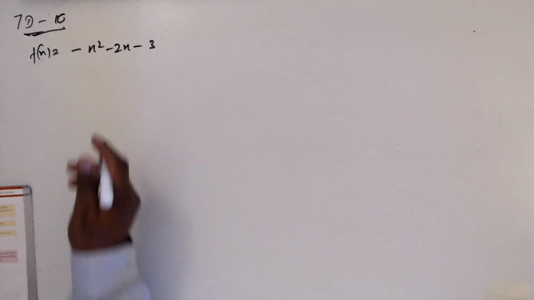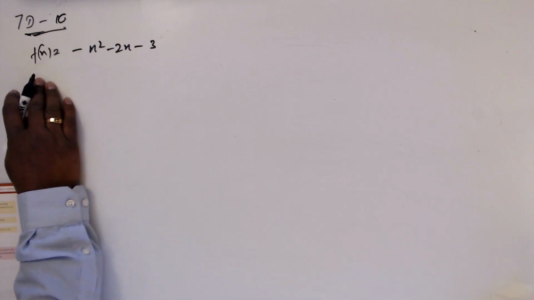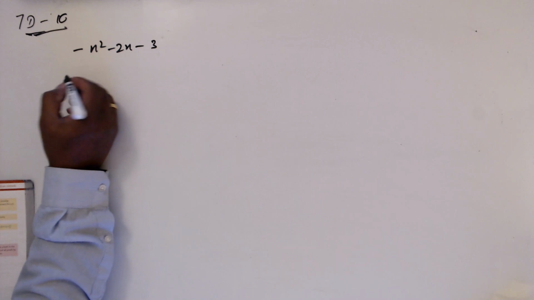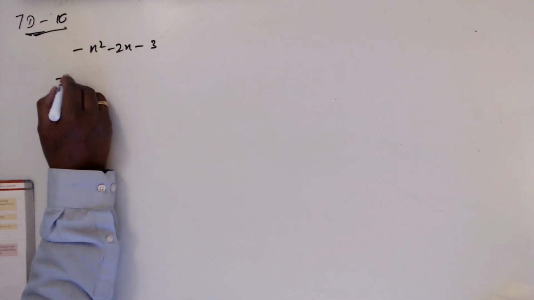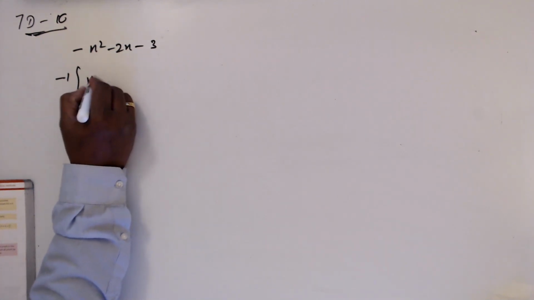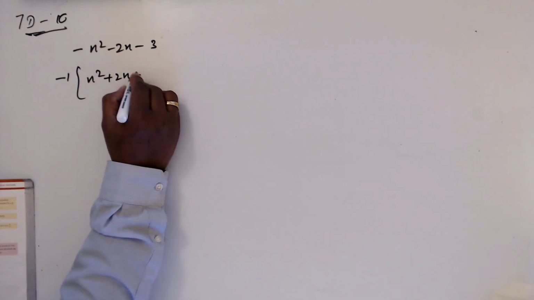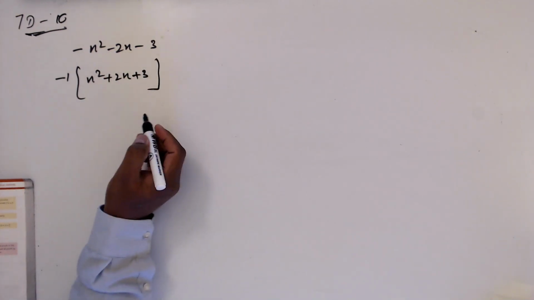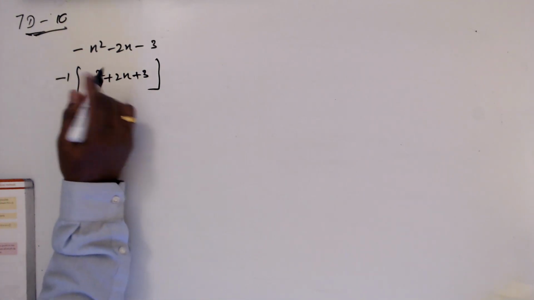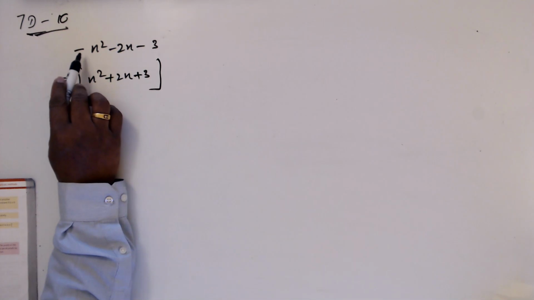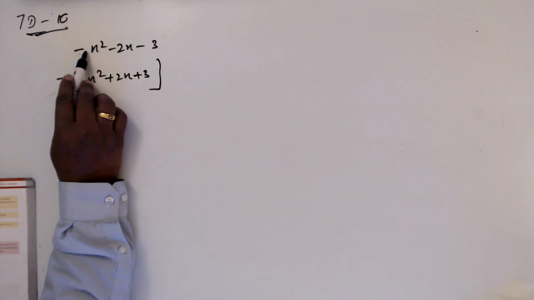So we start with completing the square. I'll take minus 1 out: n squared plus 2n plus 3. Minus out is still the same. We know this is going to have a maximum because the value of a of this quadratic equation is negative.